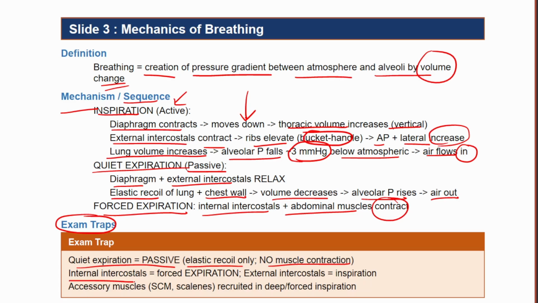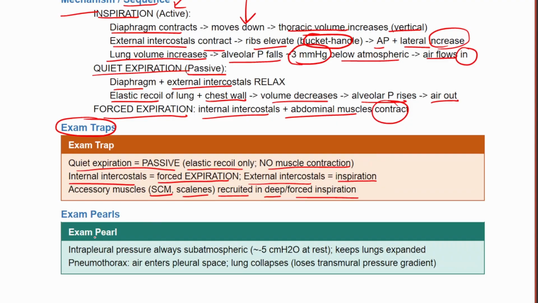Internal intercostals are utilized for forced expiration, while external intercostals are utilized for inspiration. Additionally, note that accessory muscles, specifically the sternocleidomastoid and the scalenes, are exclusively recruited during deep or forced inspiration, not during quiet breathing.